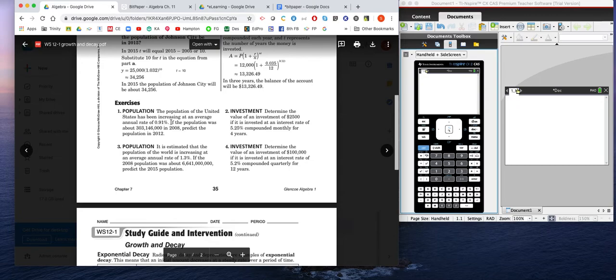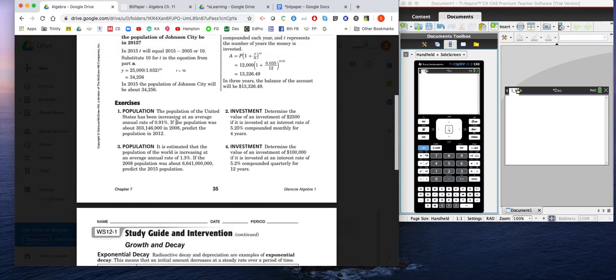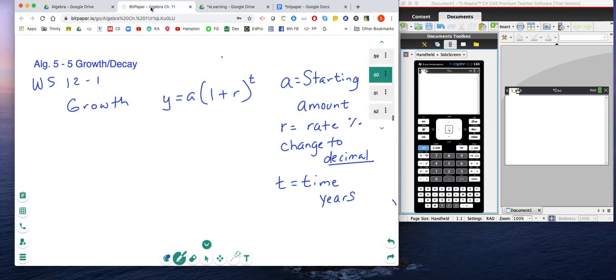So the first thing that you want to look at are your numbers. The first number they give us is a rate of 0.91%, the population in 2008, and we are predicting the population in 2012. So we're going to go ahead and fill in our numbers. y is equal to a times the quantity 1 plus r to the t exponent.